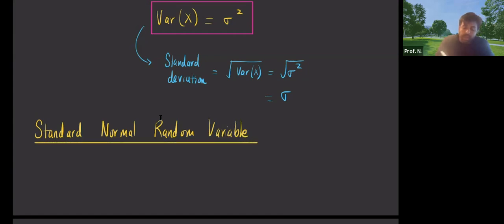The standard normal random variable is a normal random variable when something specific happens.